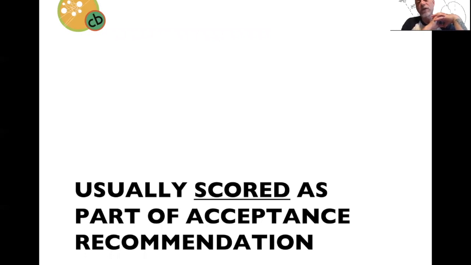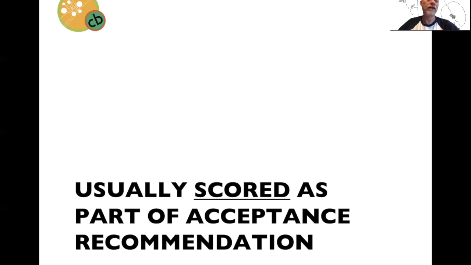I say that because typically there isn't a specific review criterion like, do the methods and the outcome support the conclusion? When you don't have that specific review criterion, it's essentially subsumed by your overall acceptance recommendation.